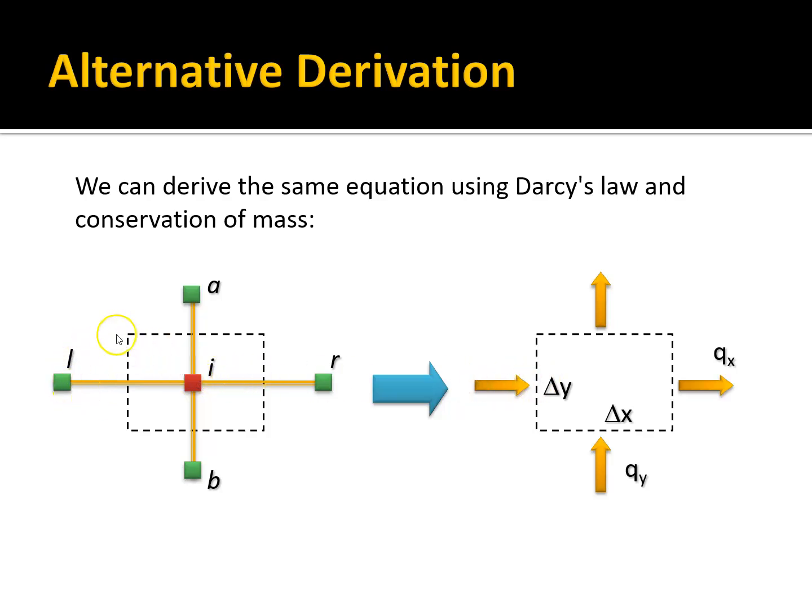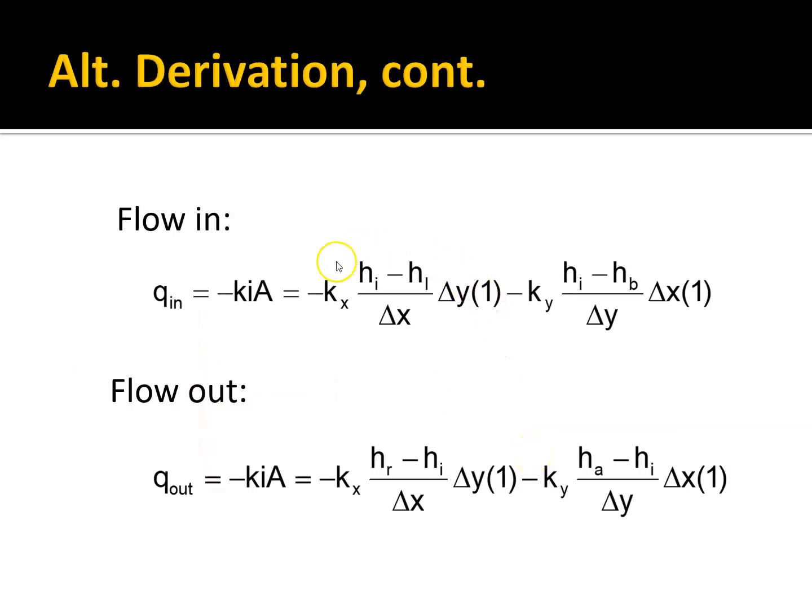So we're looking at flow across this boundary here. The hydraulic gradient is hi minus hl, the distance is delta x, and the cross-sectional area is delta y. So that's this term right here: kx (hi minus hl) over delta x times the area, which is delta y times 1, a unit thickness in the perpendicular direction.